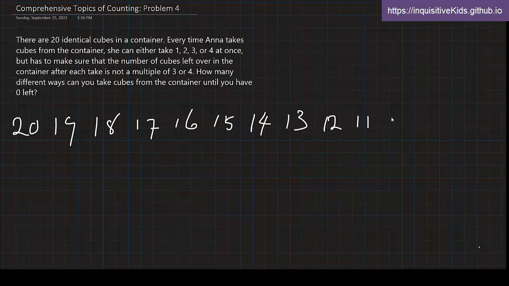All I'm doing is writing down each of the different values that can remain, because there are 20 identical cubes in all. So I have to write them down from 20 to 0.